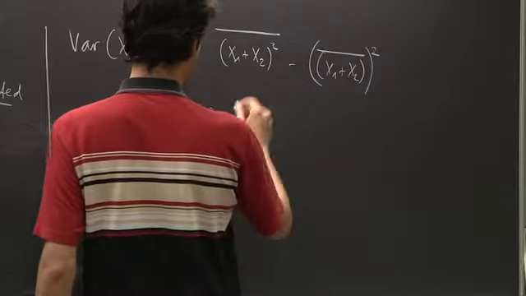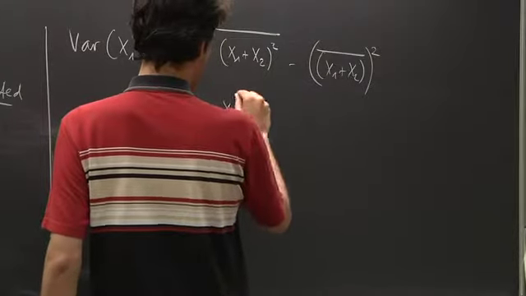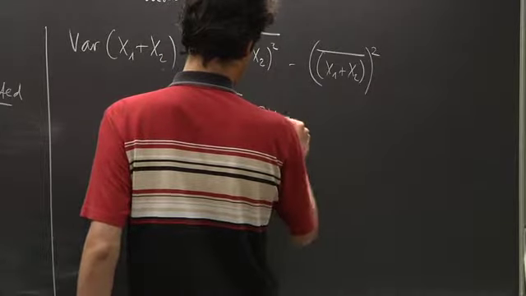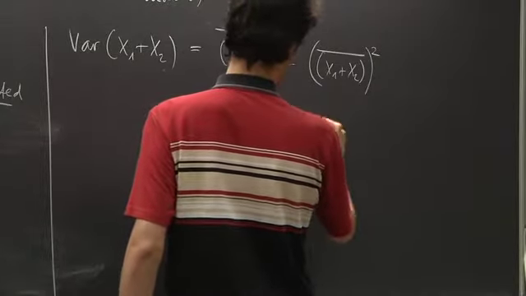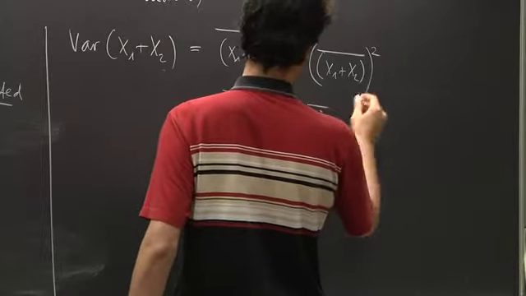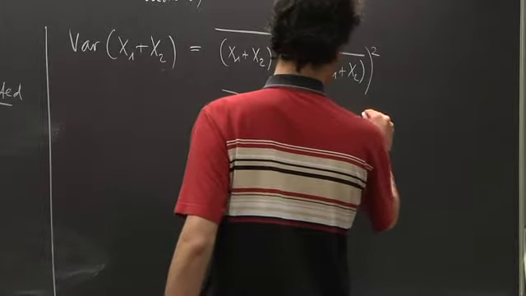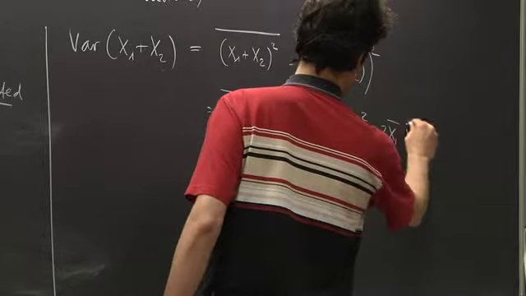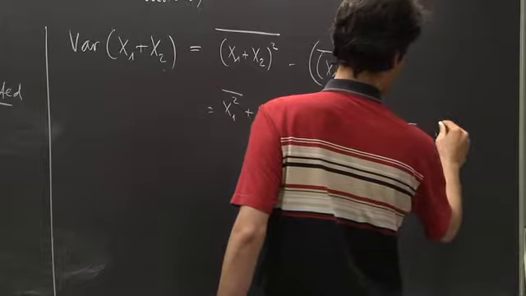Now we can multiply that out. That gives x1 squared average plus 2 x1 x2 average plus x2 squared average, minus x1 average squared, minus 2 x1 average x2 average, minus x2 average squared.